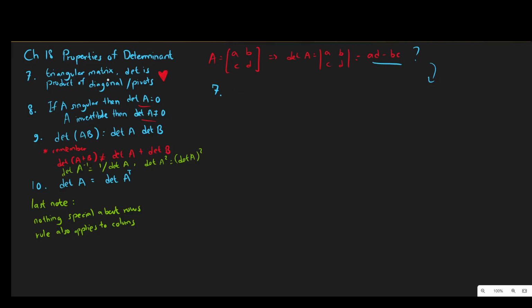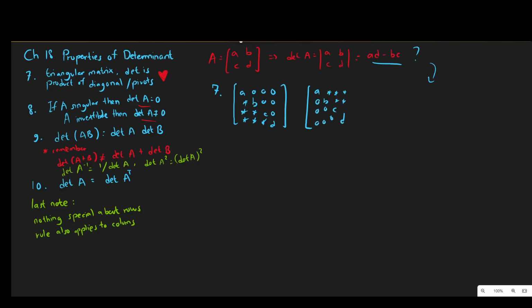For all triangular matrices, the determinant is actually just the product of the diagonal, or the pivots. Let's say you have a 4 by 4 with A, B, C, D on the diagonal and some asterisks, meaning some random numbers, or if you have the transpose of it, with random asterisks and 0s.